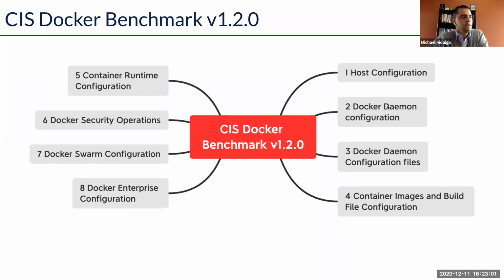The Docker daemon, then configuration files on top of the Docker daemon. Also containers, images, and builds. They also talk about container runtime, Docker security operations, Docker Swarm configurations, and specifically some elements on how to run Docker in an enterprise configuration.